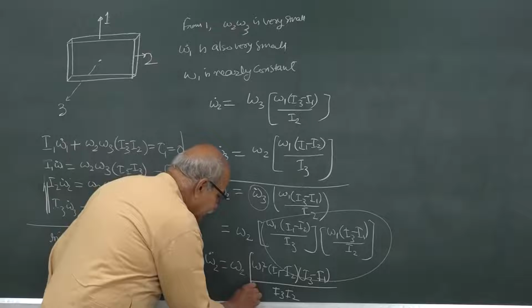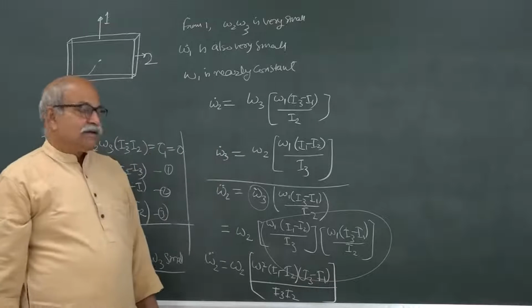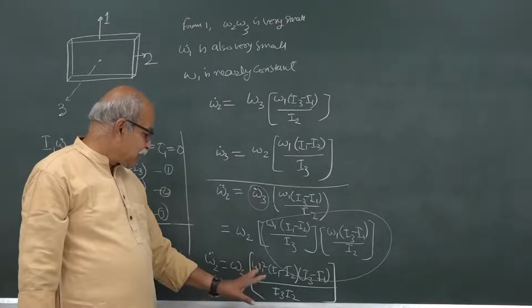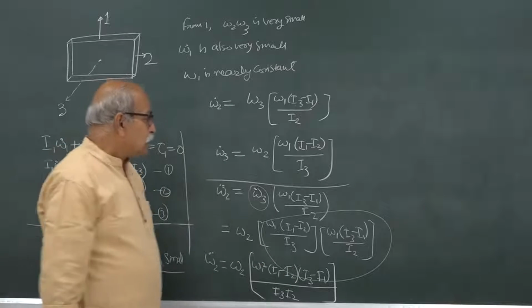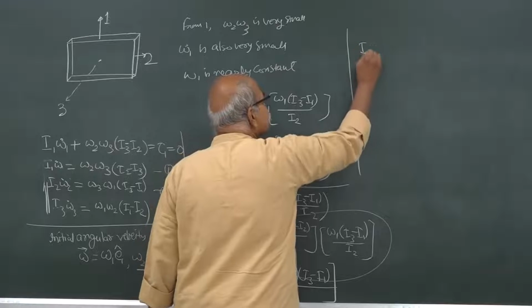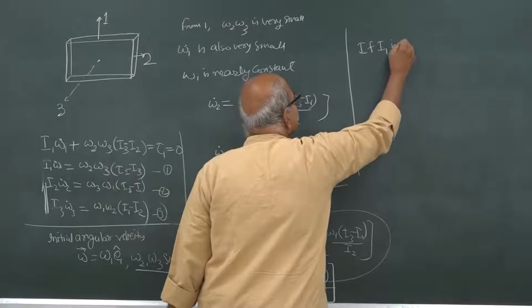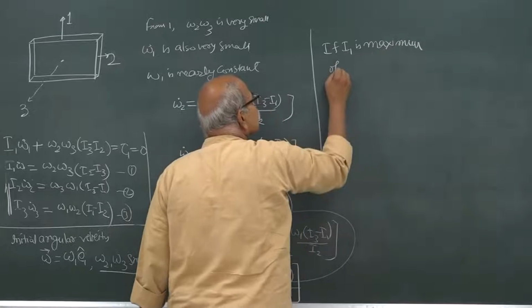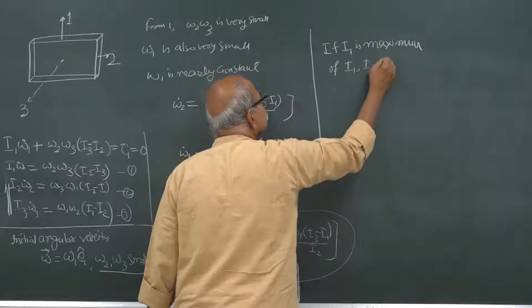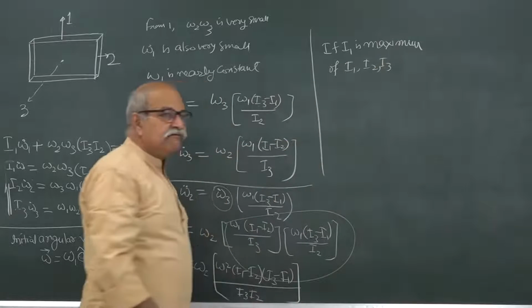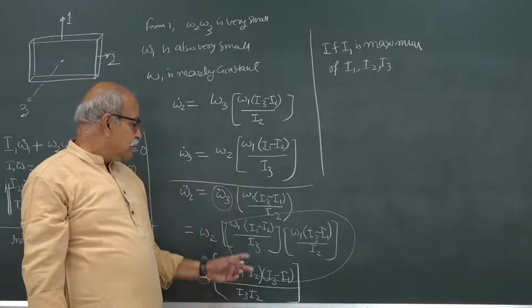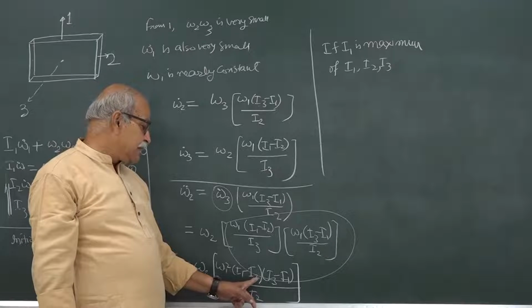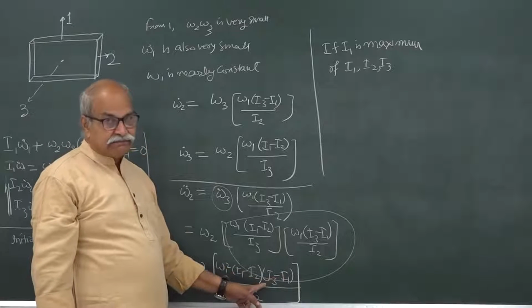Now, let us look at this quantity. It is like a constant, since omega 1 is almost constant. Now, if I1 is the maximum of the three, then I1 minus I2 will be positive and I3 minus I1 will be negative.